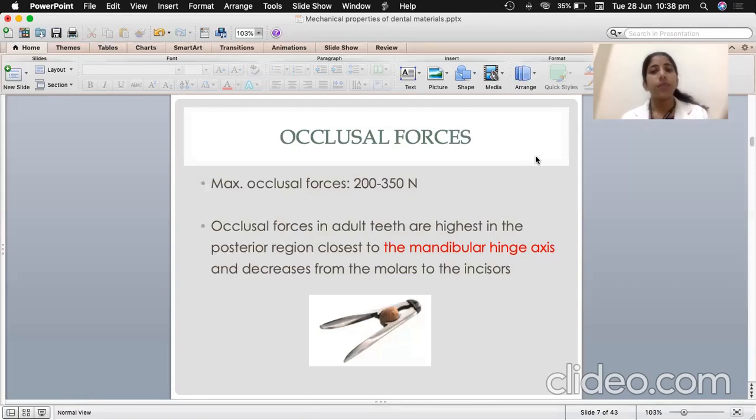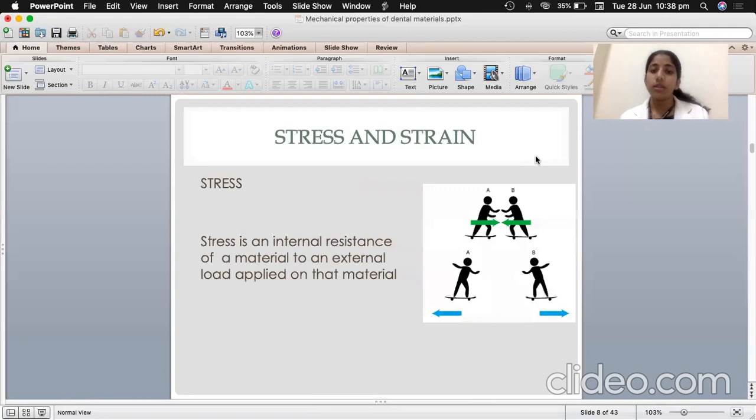The same way, occlusal force will be greater closer to the temporomandibular joint, that you should keep in mind. As you move anteriorly, the force will be less; in the posterior-most region, closest to the temporomandibular joint, that is the hinge axis, the force will be more compared to the anterior.